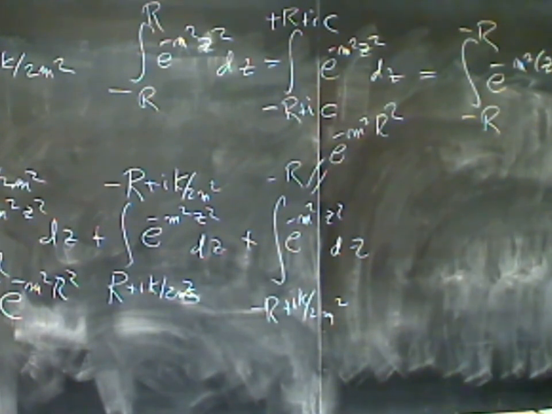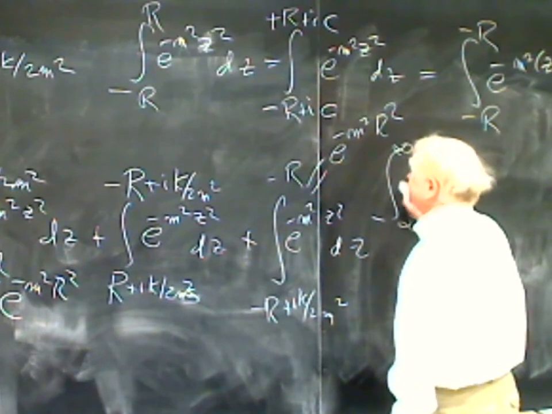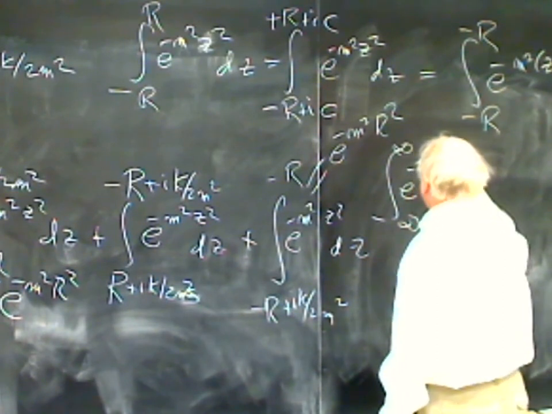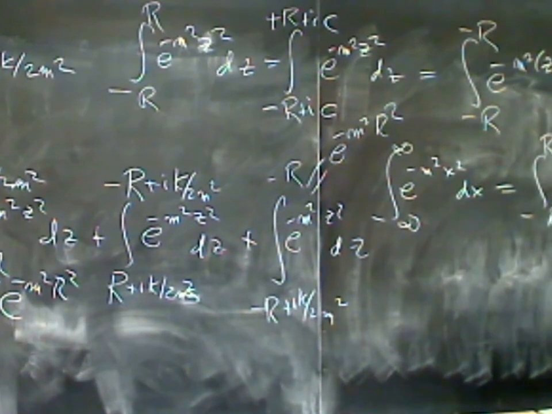Or to now write everything in terms of explicitly real and imaginary variables, the integral from minus infinity to plus infinity of e to the minus m squared x squared dx is the integral from minus infinity to infinity of e to the minus m squared (x plus iC) squared dx. And that's what we actually wanted in chapter 3. You mean minus infinity on the second hand? Yes, thank you.